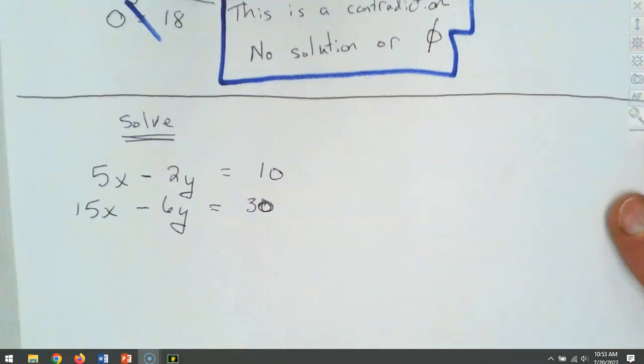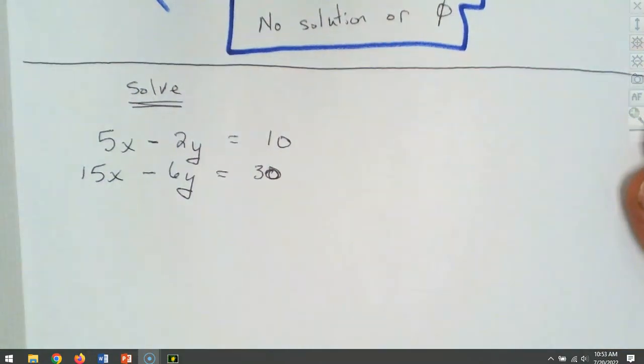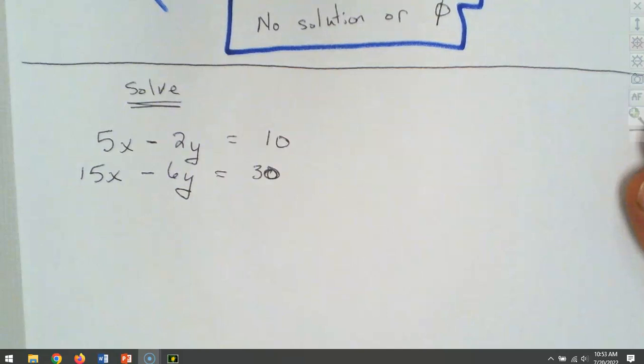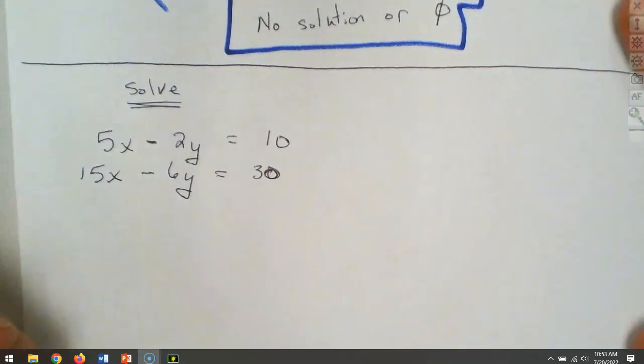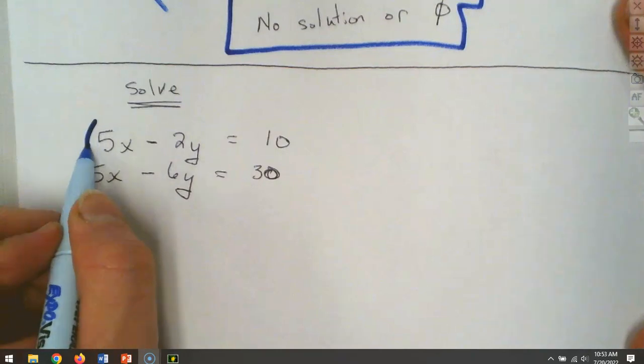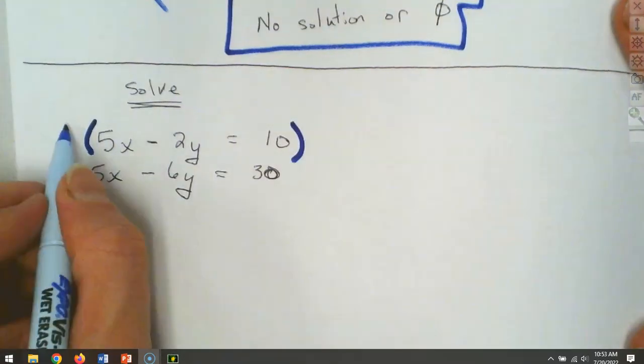So let's look at these. Okay, we're going to solve it the same way. So we can either work with a 2 and 6, or 5 and 15. Either way, we want to eliminate one of the variables. Either way, it's going to be using a 3. So we're going to multiply the first equation by a 3.